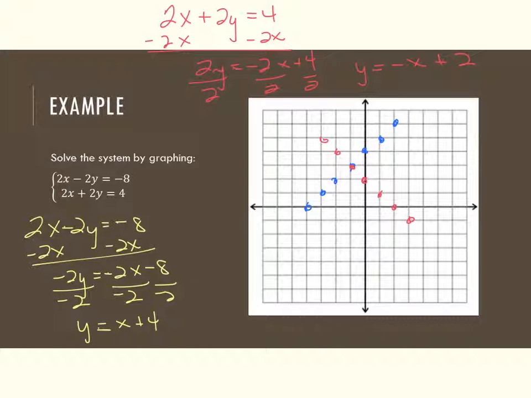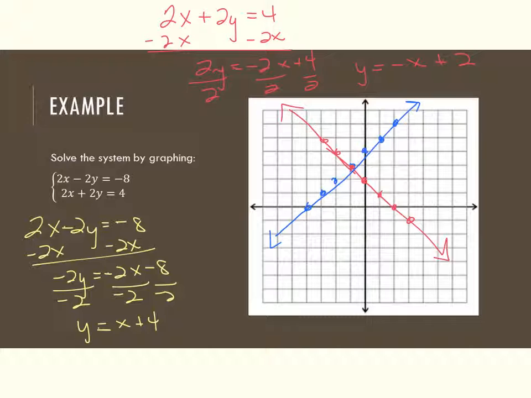Now, you need to draw in your line. So just because I found where they cross, okay, if it says solve by graphing, I want the lines completely graphed, so we're going to draw in the graph. But then our solution is where they crossed. So where did they cross?